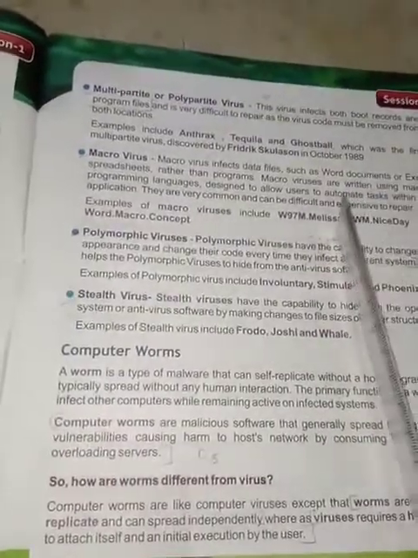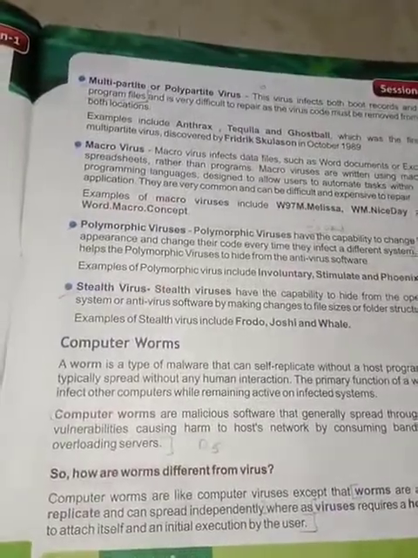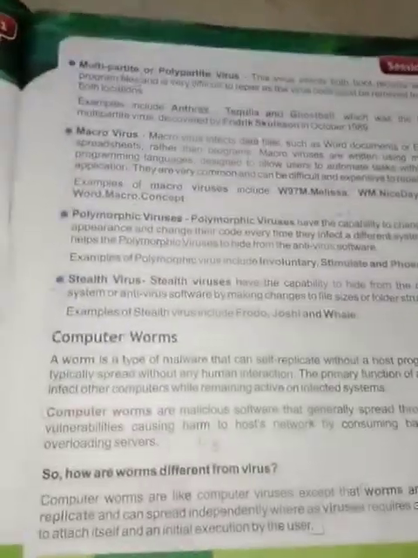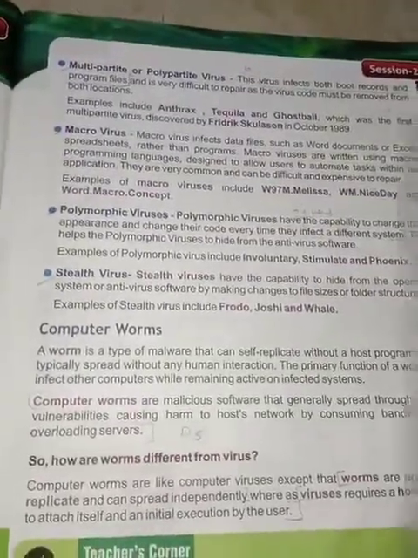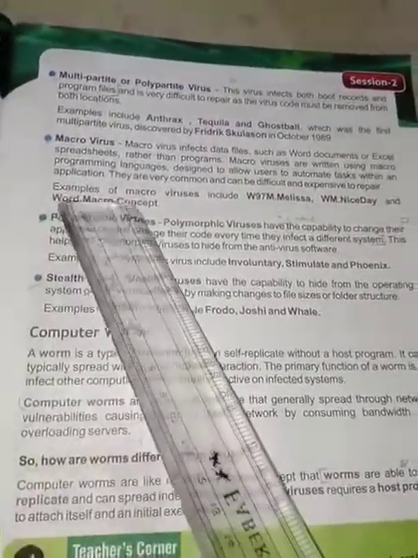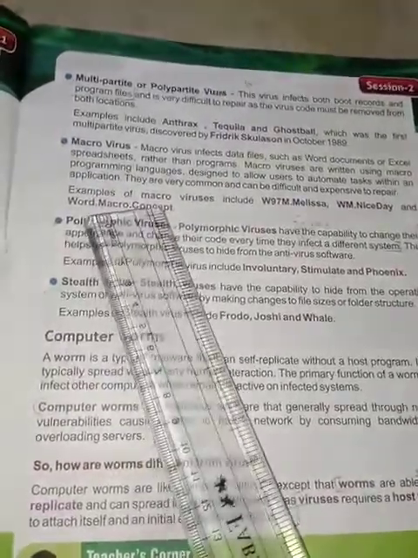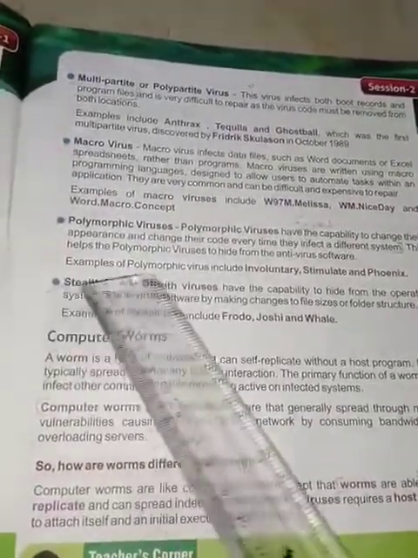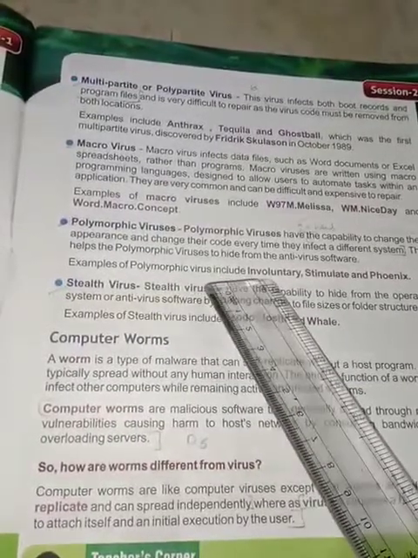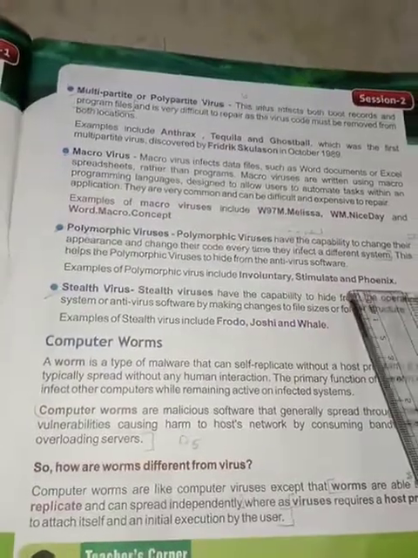It changes its code every time, so it hides from antivirus software. Examples of polymorphic virus include Involuntary, Stimulate and Phoenix.